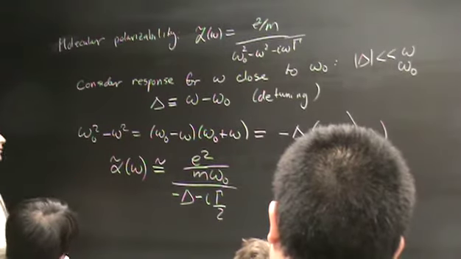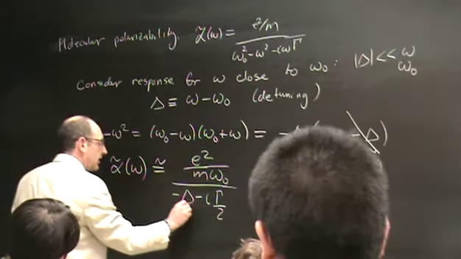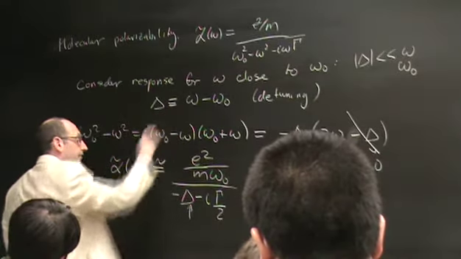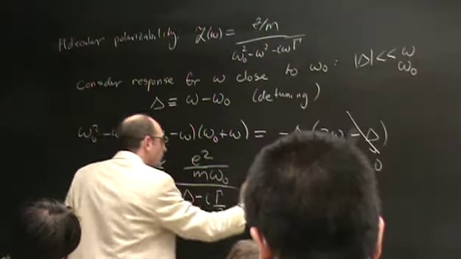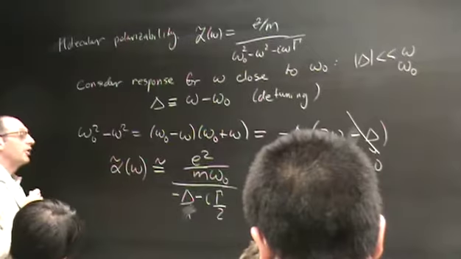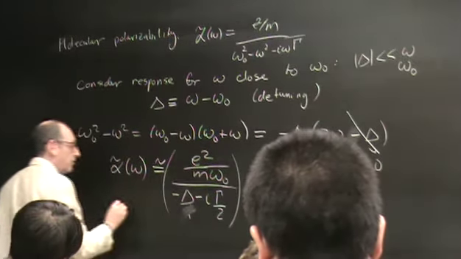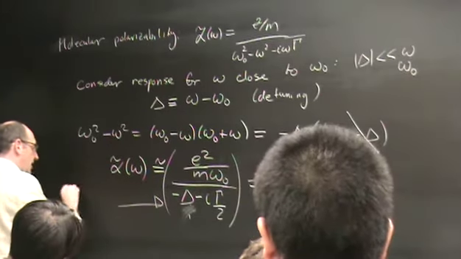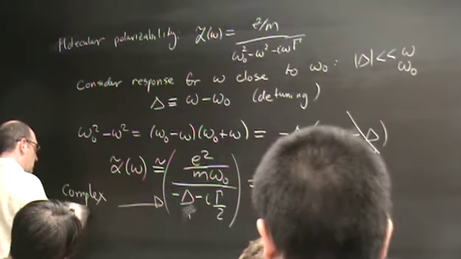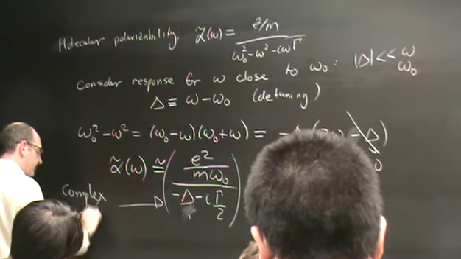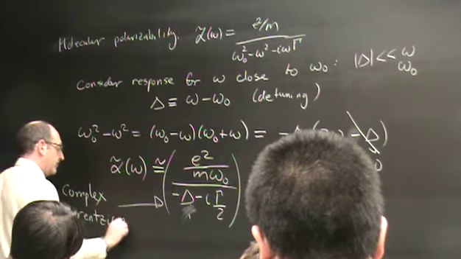So here's my polarizability. It's a function, remember delta is this difference. Let us write this in terms of real and imaginary parts. This function, by the way, is known as a complex Lorentzian, for reasons I'll remind you of in a moment.